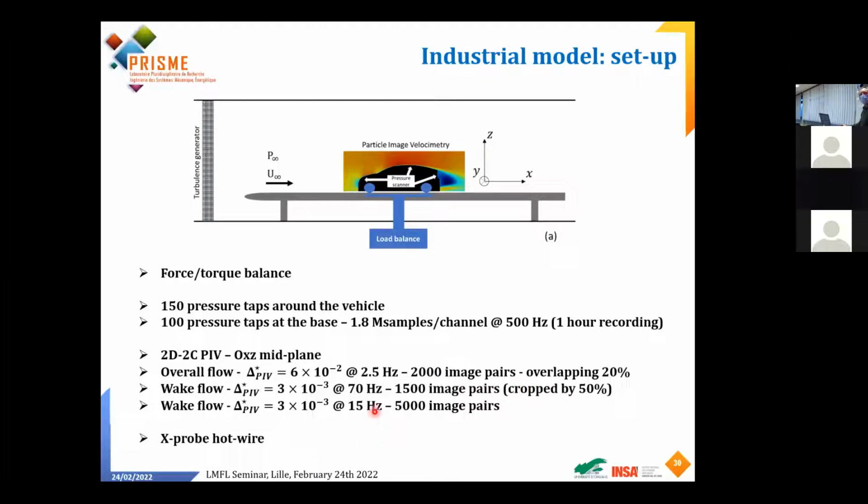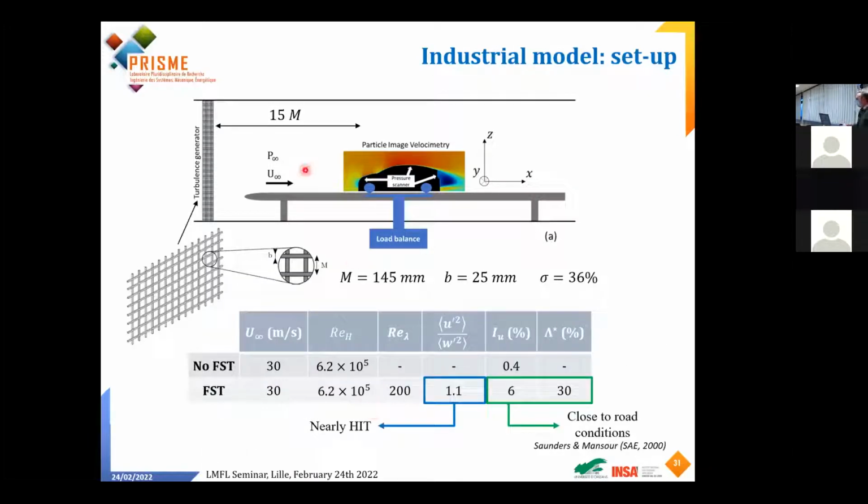As you can see here, we have used a turbulence generator or not in front of this model. This is a very simplistic biplanar grid where the mesh is 145 millimeters, the thickness of the bar is 25 millimeters, and the solidity is 36%.